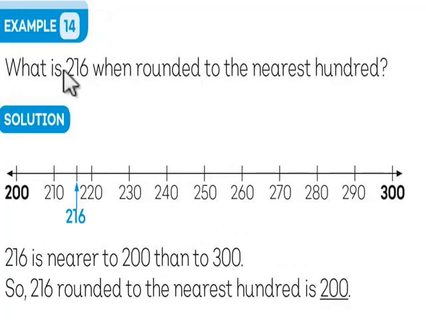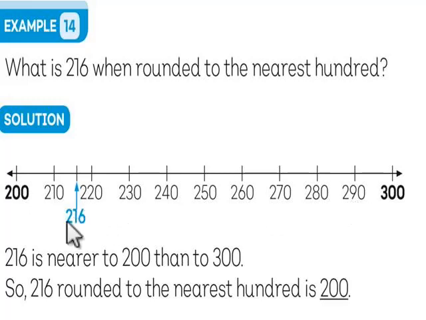Okay, another example. What is 216 when we round it to the nearest 100? Now we will round the number to the nearest 100. These are the hundreds. So we will look at the tens going to 100. We have the solution here. From 200, make the number line up to 300. So we start from 200, 210, 220, 230, 240, 250, 260, 270, 280, 290.